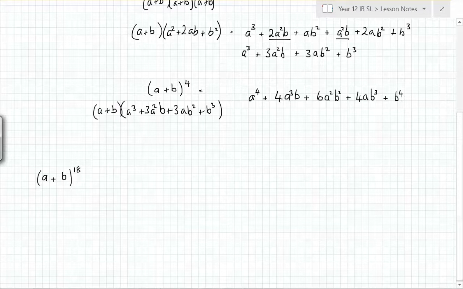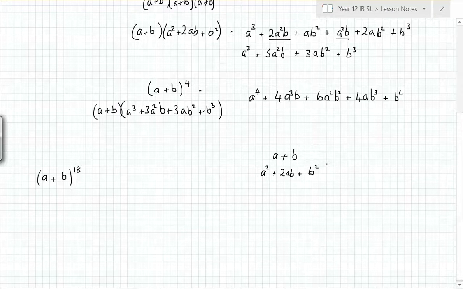Now what I want you to do is write all of them that we've done so far, one under the other. We've got a plus b to the power of 1 at the start. Now, a plus b to the power of 2 was a squared plus 2ab plus b squared.